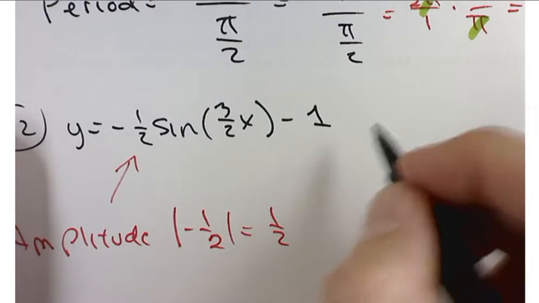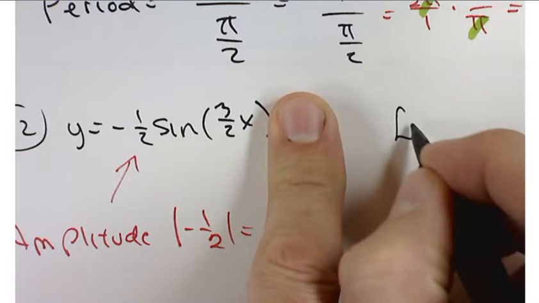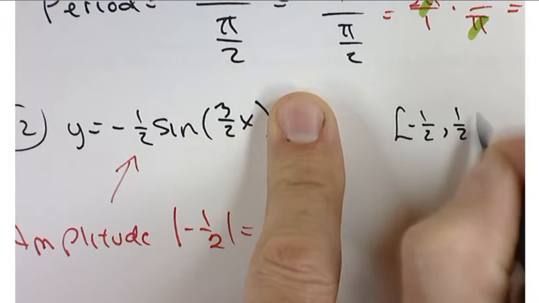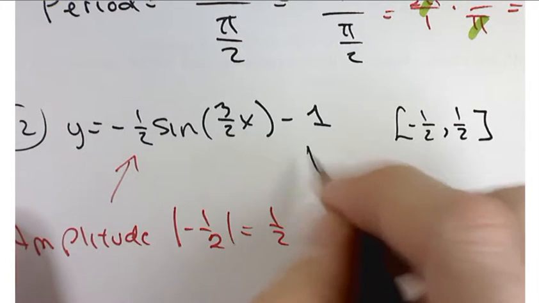One thing you can do to calculate that is you know that the range of this function is going to be between negative 1/2 and 1/2. But then this is going to be a shift down by 1.